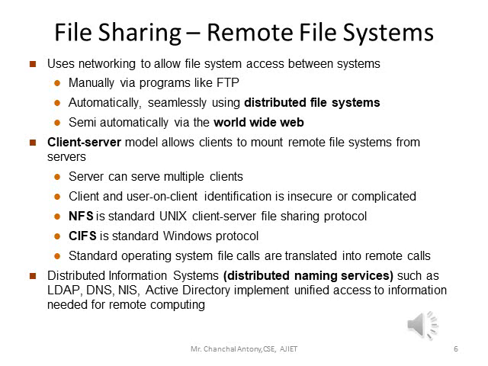Then, in a distributed information system, so till now we were dealing with the client server system. To make client server systems easier to manage, a distributed information system, DIS, also known as a distributed naming service, provides unified access to the information needed for remote computing.